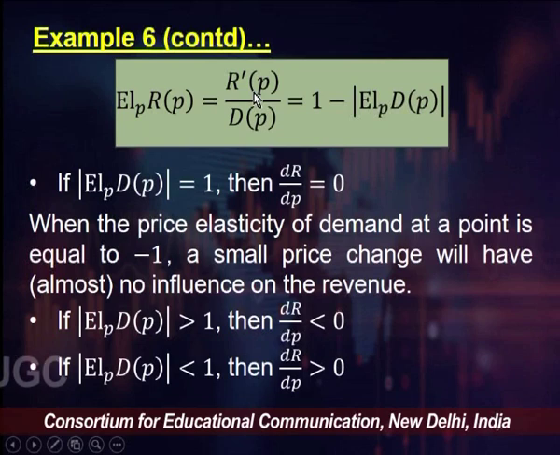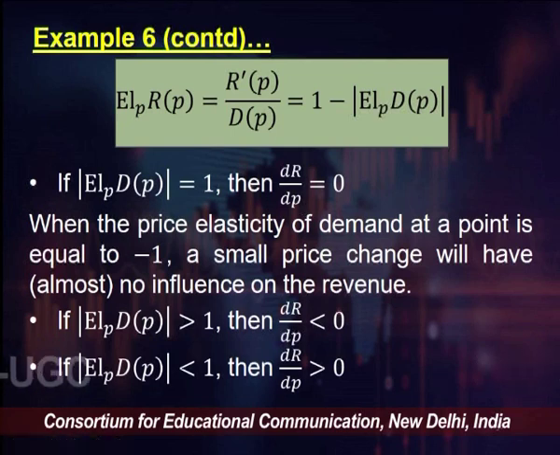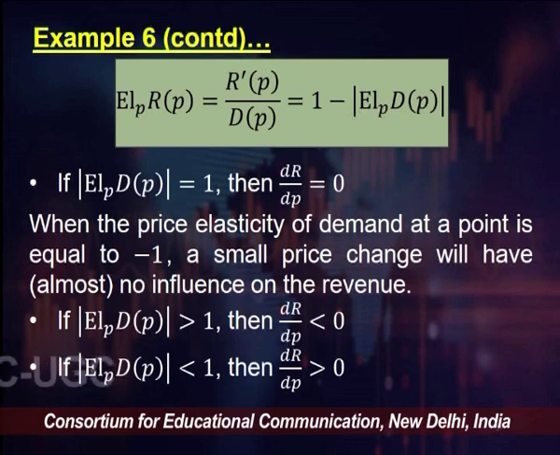So r prime of p is going to be 0, because d of p can't be 0. So r prime of p is nothing but dr by dp, and this is to say that when the price elasticity of demand at a point is equal to -1, or 1 in absolute terms, a small price change will have almost no influence on the revenue.